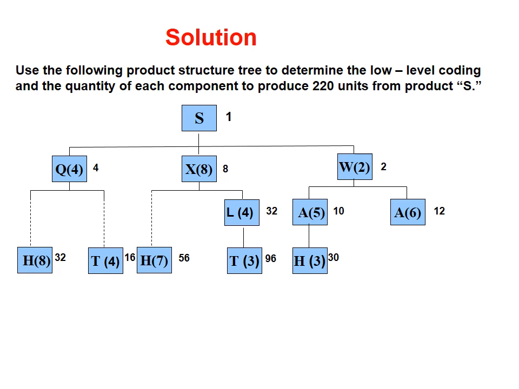The other branch, H, we need to produce 1 from X, 8. H, each one of them needed 7 from H. 7 times 8 equals 56, and so on.